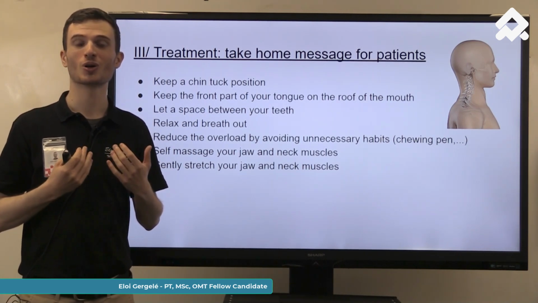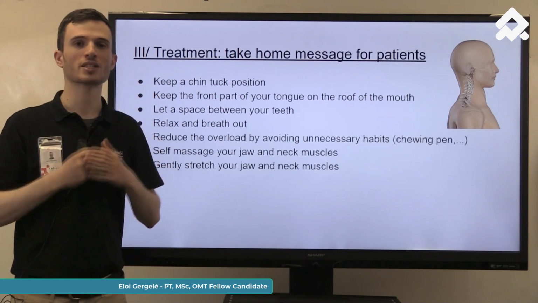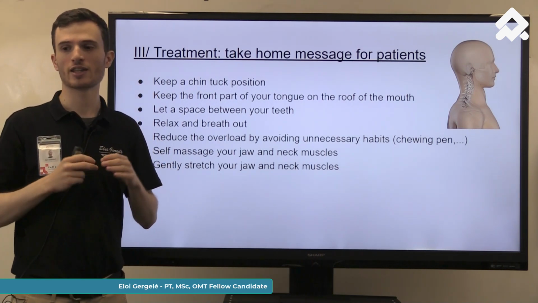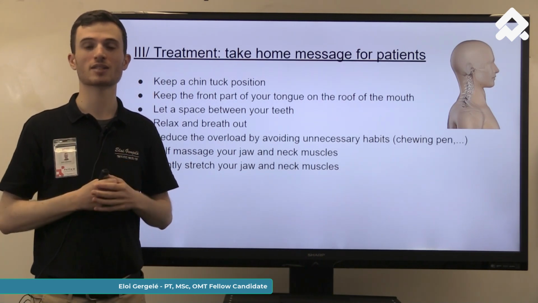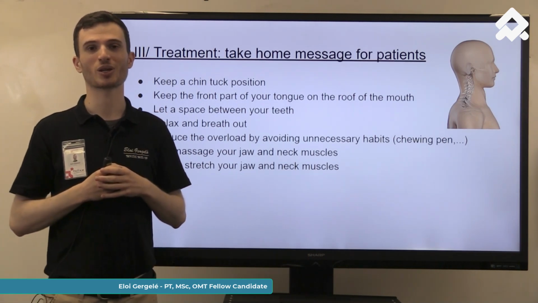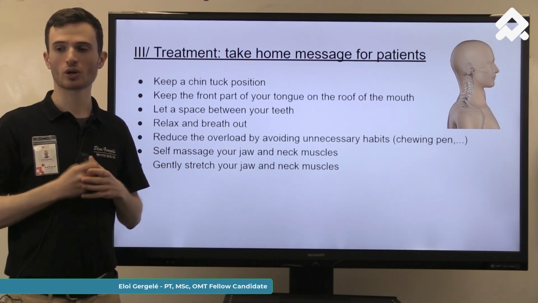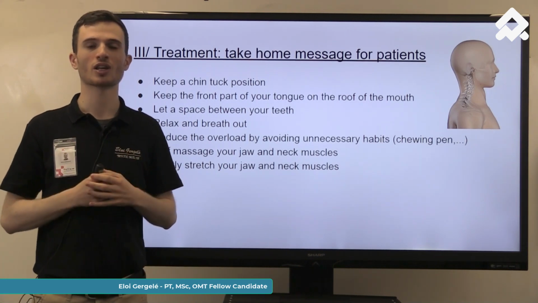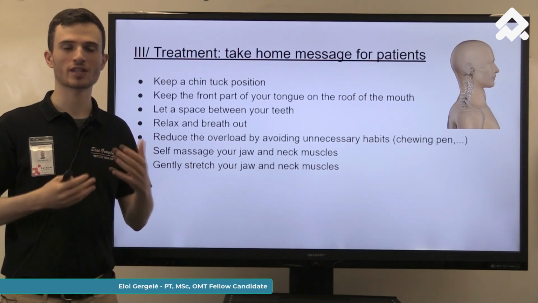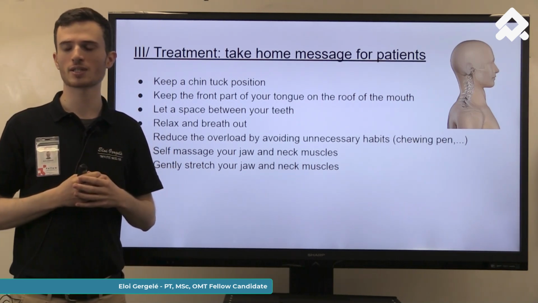It's also a good strategy to decrease masticatory muscle tension, and we have to leave a space between the teeth in order to decrease masticatory muscle activation. I would also recommend to relax, breathe out, and use different techniques of relaxation or hypnosis.